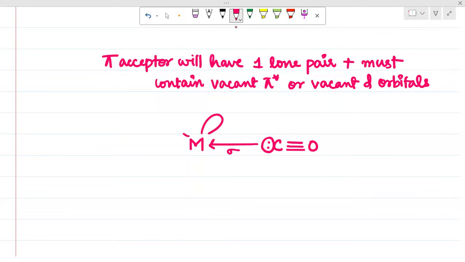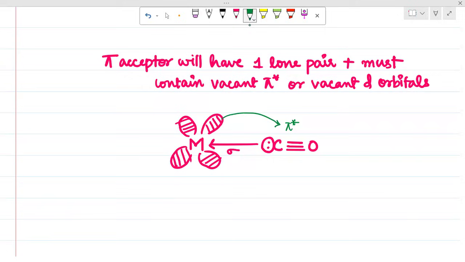The filled orbitals of the metal will back donate the electron density to the empty pi star orbitals of the ligand. I repeat, the first process is formation of a sigma bond. The second process is from the metal, the electron density is put into the pi star orbitals of the ligand.